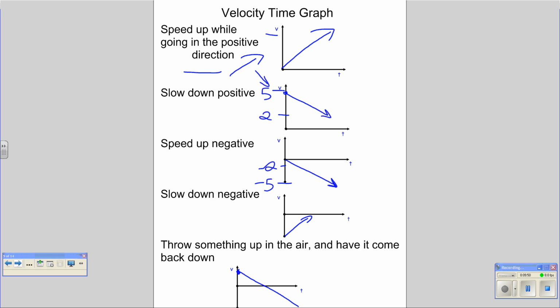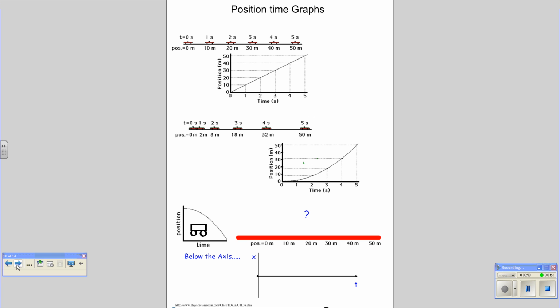Now if you have a flat velocity, that means you're going at a constant velocity, which means you're covering the same distance every second. Now, same distance every second, here's an example of that. Okay? This first graph up here, you are covering 10 meters every second. Bam, bam, bam, bam. Okay? That gives you a position time graph that's straight up like that.